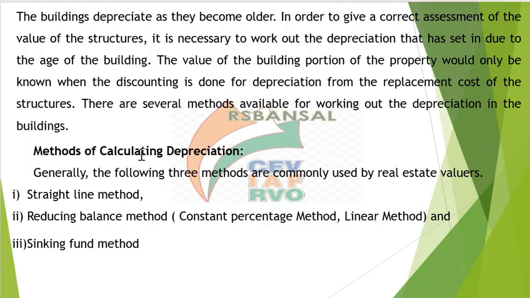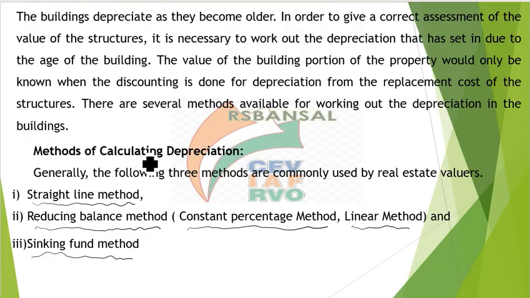There are three methods of finding depreciation. The first method is the straight line method. The second is the reducing balance method, sometimes also called the constant percentage method or linear method. The third is the sinking fund method. The reducing balance method is also called the WDV method, the written down value method. We will discuss these three methods one by one.